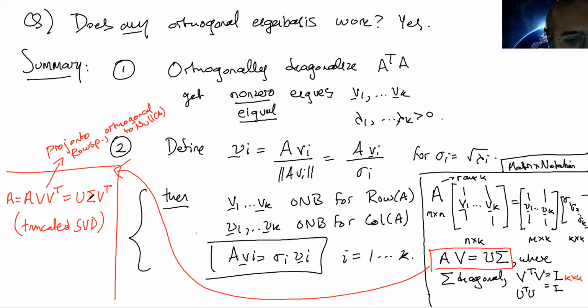The reason it's truncated is that there's something called a full SVD, which I won't have time to discuss today. What's going on here is that U and V are matrices with orthonormal columns, and sigma is a K by K matrix. So again, using the grad school definition of matrix-vector multiplication, it means you've decomposed A as a sum of rank 1 matrices that look like this.